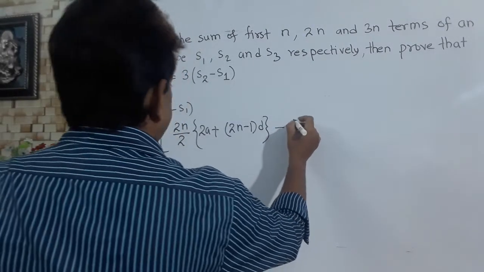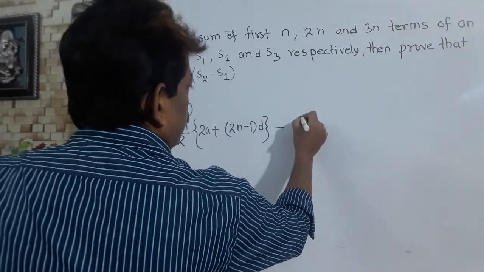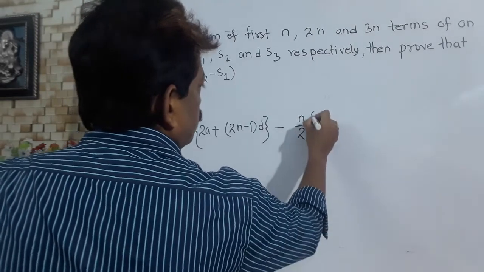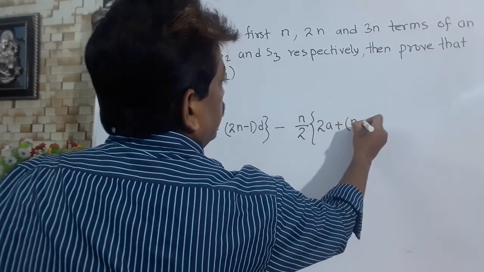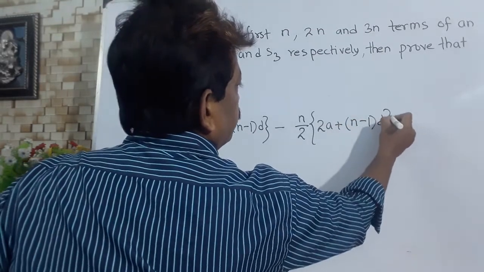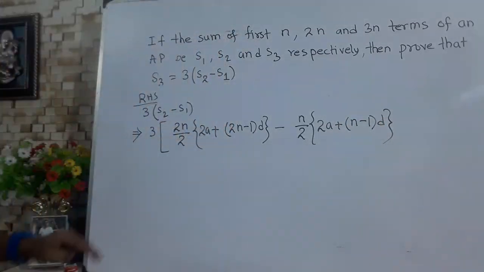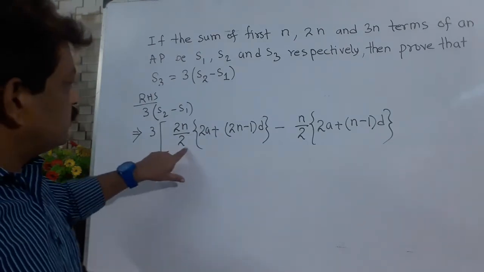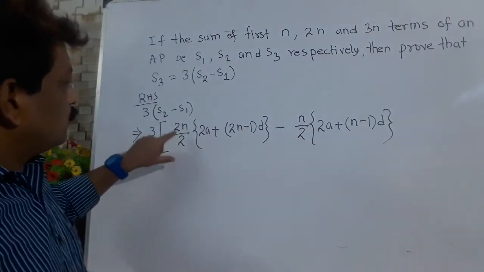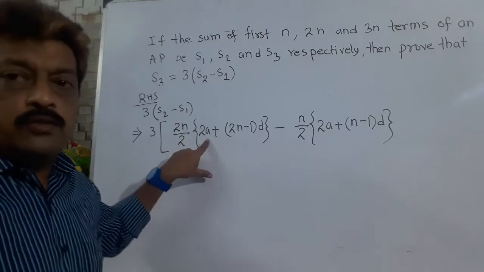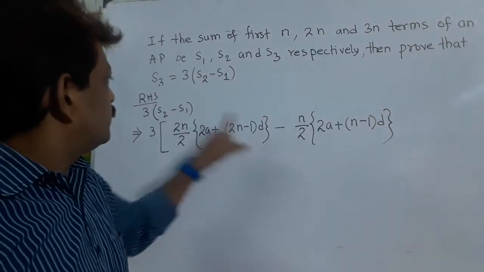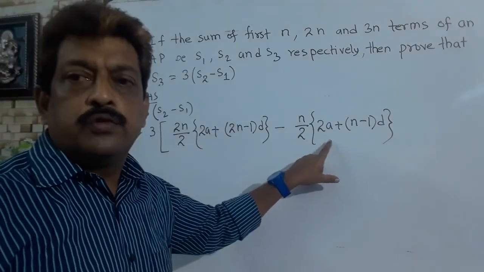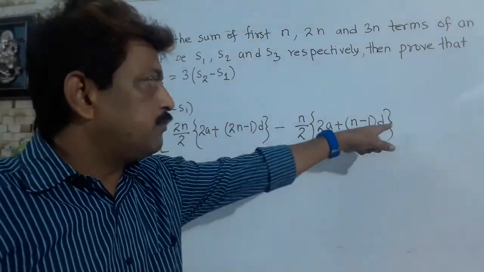S1 is n by 2 bracket 2a plus n minus 1 multiplied with d. Just check it. This is S2, 2n by 2 bracket 2a plus 2n minus 1 d, and this is S1, n by 2 bracket 2a plus n minus 1 multiplied with d.